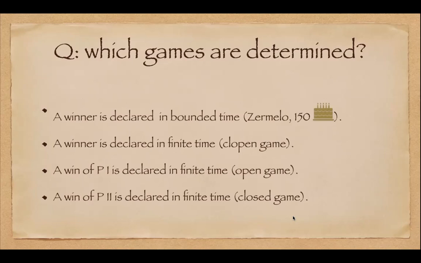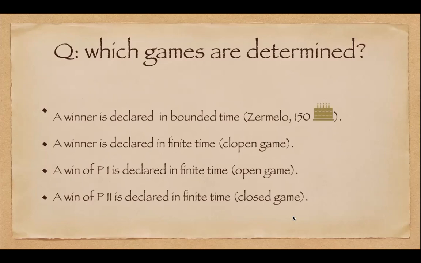These games are going to be called Klopen games. Klopen means closed and open, and I will explain this. It should come from some topology, and I will show you what this topology is.